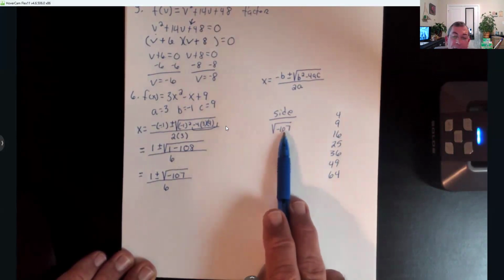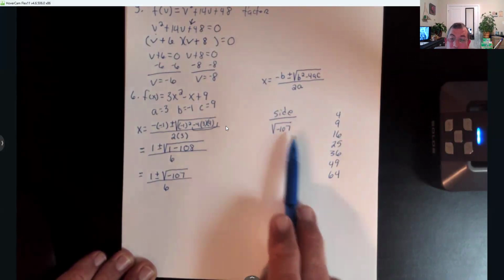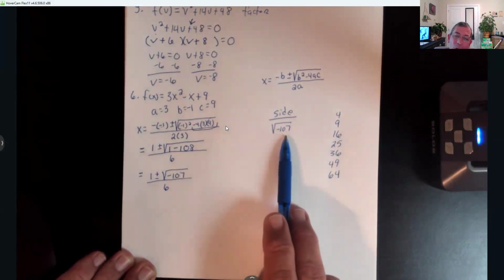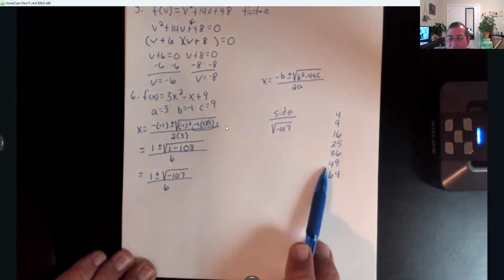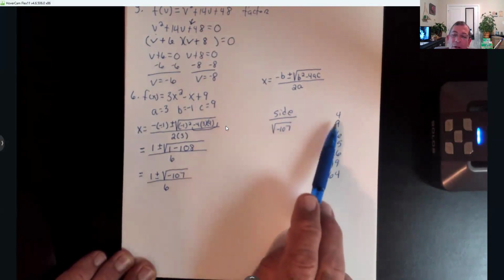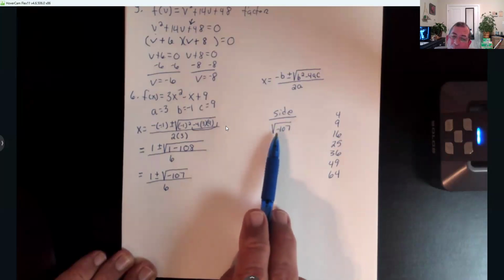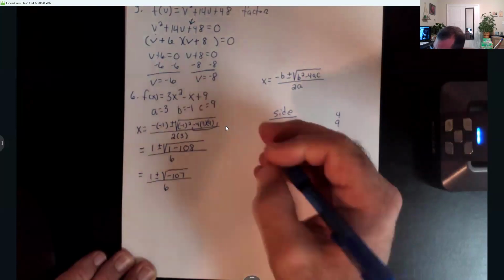No. 36? No. 49? No. Everything else is too big to be a factor of 107. So the number will not simplify, but y'all remember, there's a negative under that radical.